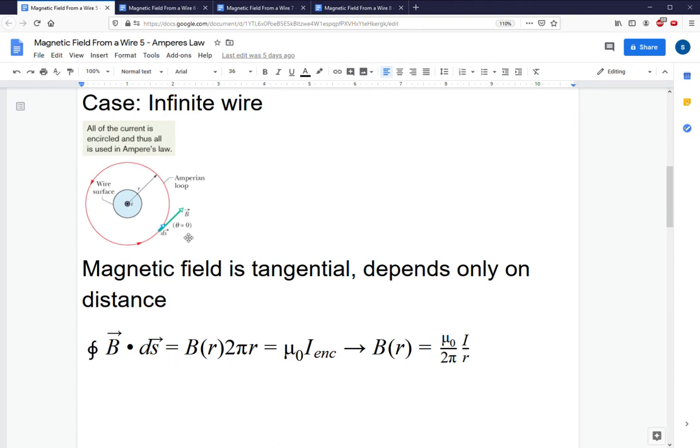Because of the radial symmetry and because of the way magnetic fields work, we can reasonably assume that a circle surrounding the wire out to a distance r will have 1, constant magnetic field, and 2, a magnetic field that is always in the tangential direction, which means that B is always in the same direction as ds. The angle between them is 0, so that's just the integral of B ds.